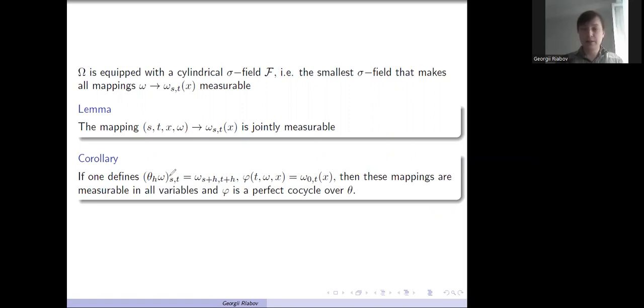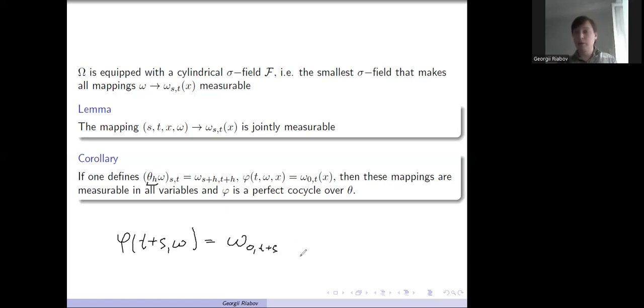The lemma implies that both theta and phi are measurable, and phi is a perfect cocycle over theta. Indeed, if we write phi t plus s omega, then this is just omega 0 t plus s.